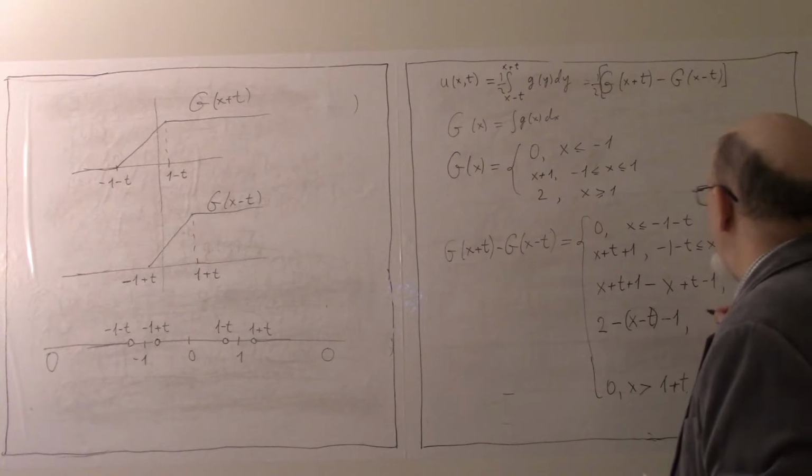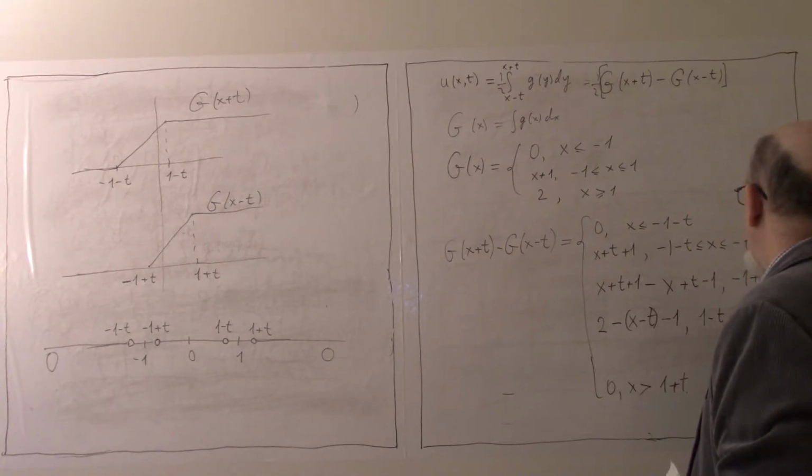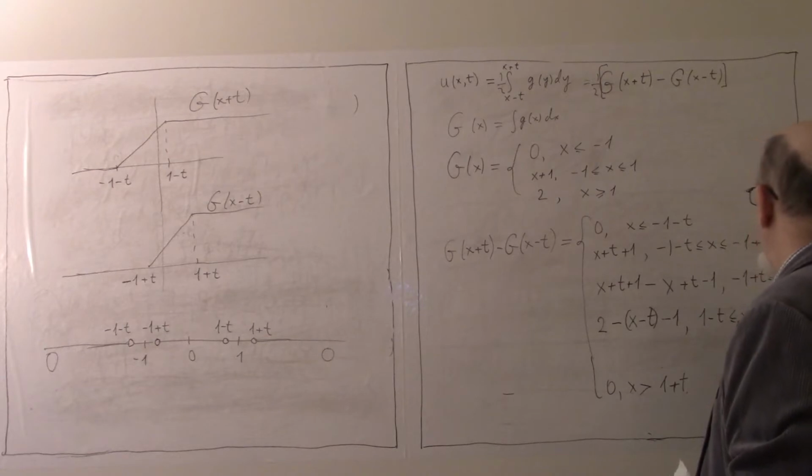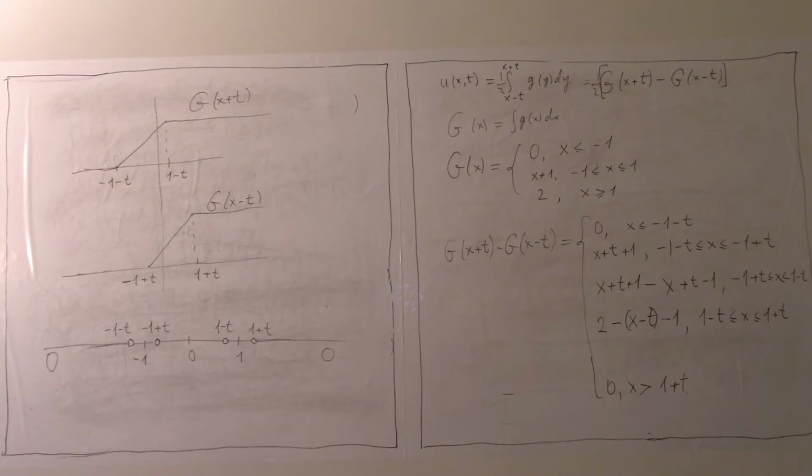It is when 1 minus t is less than x less than 1 plus t, and 0 when x is more than 1 plus t.